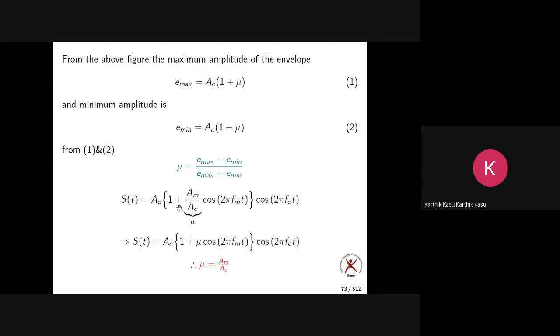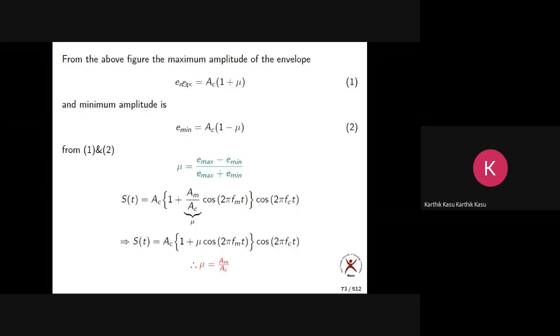Now there is one more formula: mu equals A_m by A_C. Some textbooks also use this formula. So remember these two formulas. Mu equals (E_max minus E_min) by (E_max plus E_min).